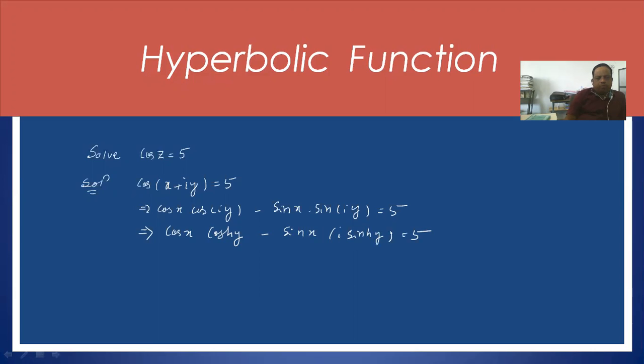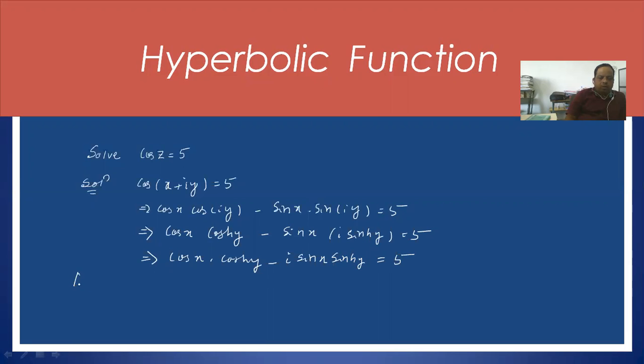So we get cos x into cos hyperbolic y minus i sin x into sin hyperbolic y equal to 5.